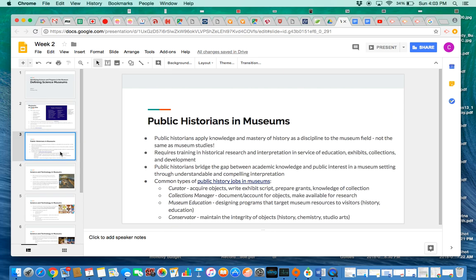So public history, which you may or may not have heard of as a field before, is essentially applied history, taking historical knowledge from the academy and applying it into a public setting. So museums is one of the many different ways in which public historians can do this type of work. There's preservation, there's working in legal fields, there's archival work. You can do a wide range of things, but since we're concerning ourselves with museums, that's where we're going to stay for the purposes of this class.